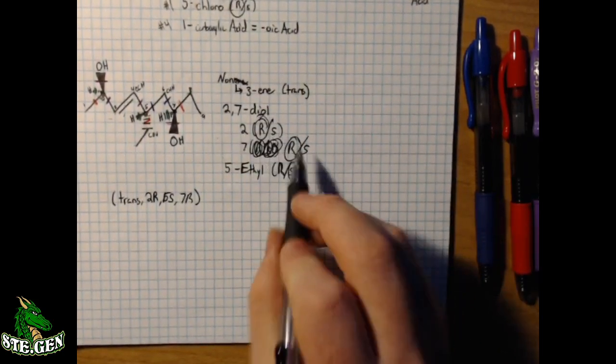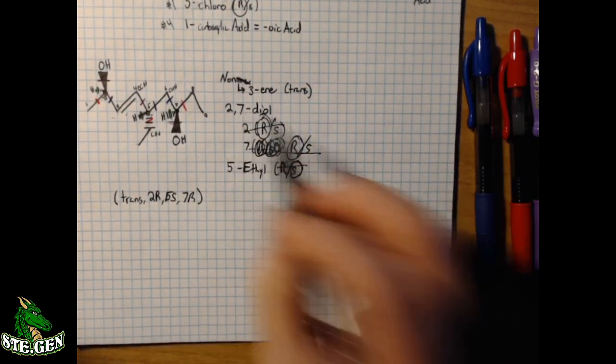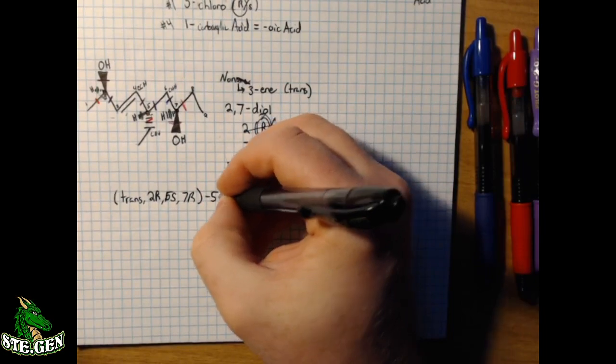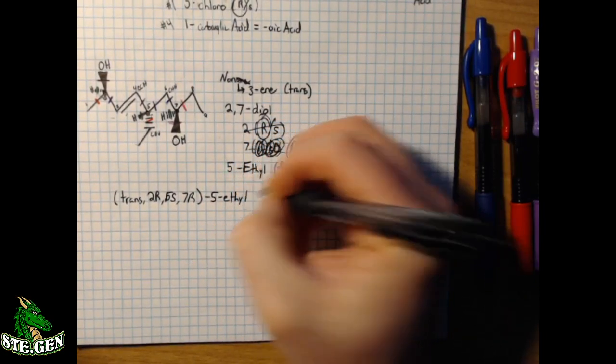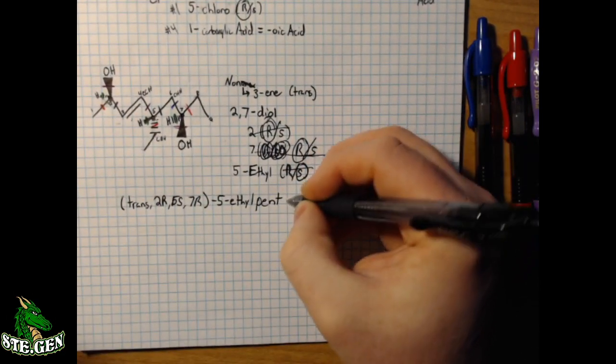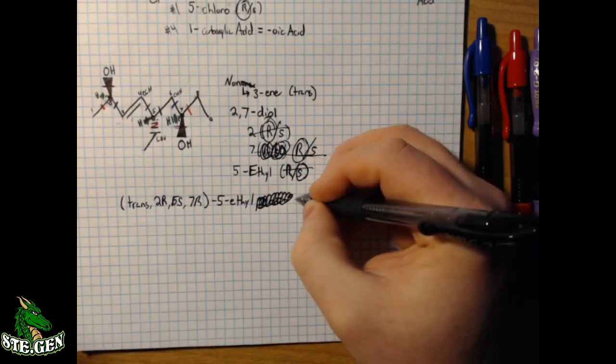So that's all of those identifiers listed, but we still have our actual listing of our pieces here. So it'll be 5-ethyl pent. Sorry, I've been on a pent kick lately.